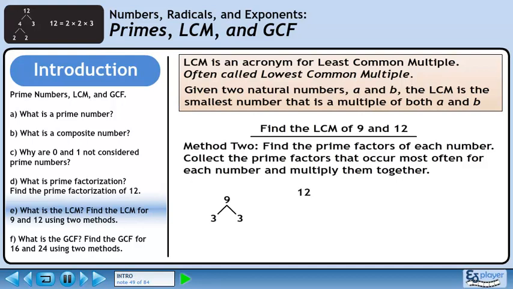Now we'll find the prime factors of 12 using a factor tree. 4 and 3 are the factors of 12. Two and 2 are the factors of 4.